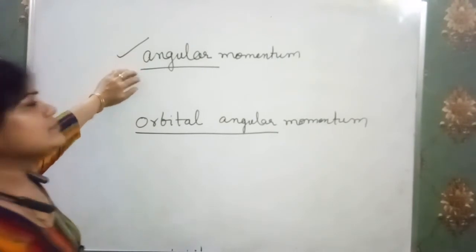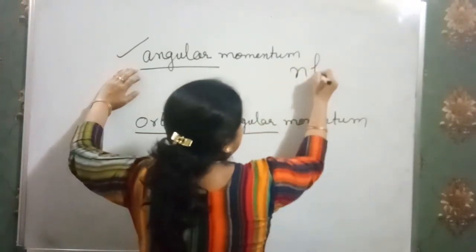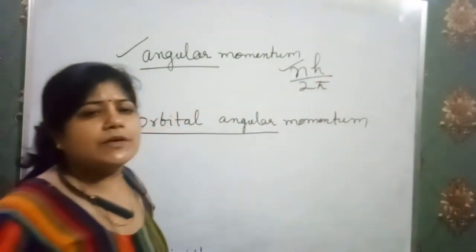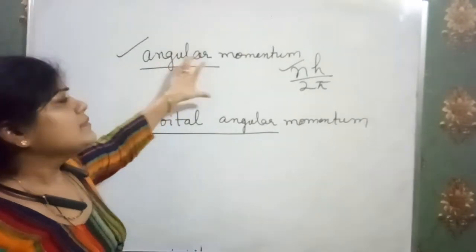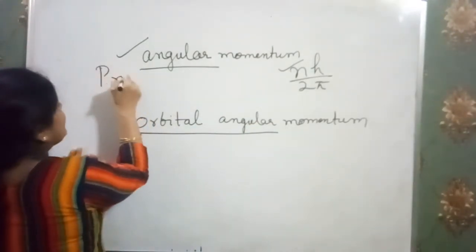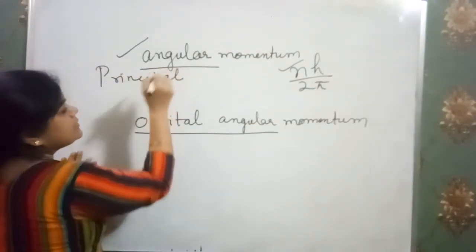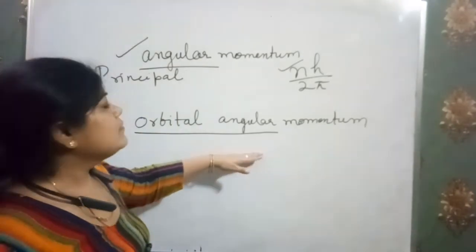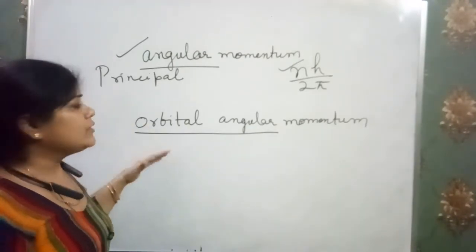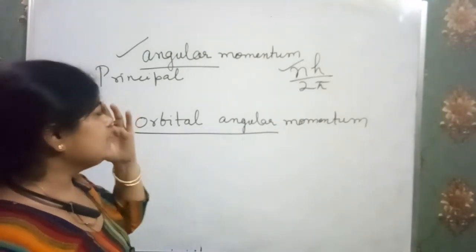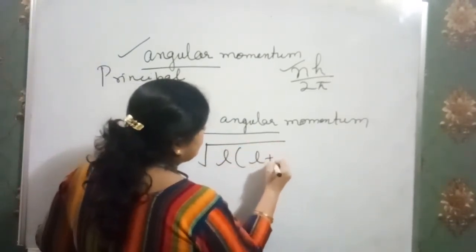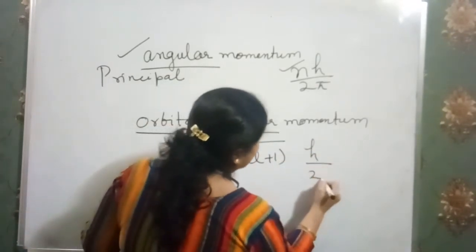For angular momentum, we use the formula nh/2π, where n is the principal quantum number. So angular momentum is calculated for the principal quantum number. And for orbital angular momentum, as we know, the azimuthal quantum number is known as the orbital angular momentum quantum number. So here we have the formula under root l(l plus 1) h/2π.